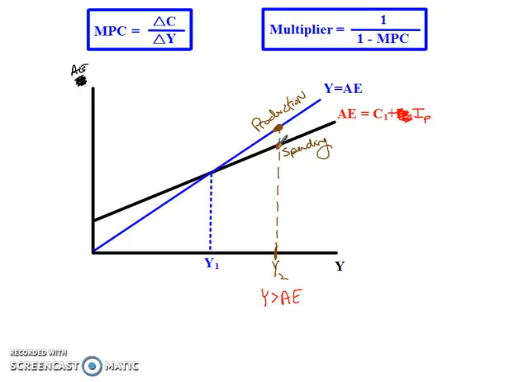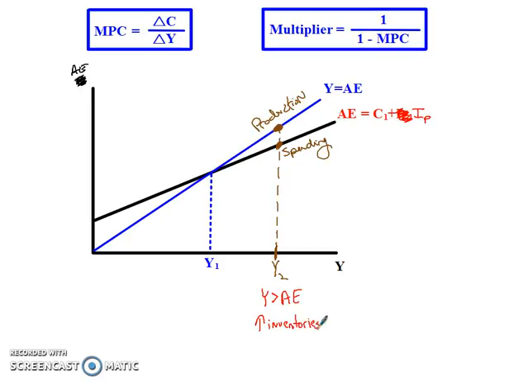Now, if production is greater than spending, that means that companies are producing things that people don't buy. Those things that they produced and nobody bought are going to go on the shelf and are going to become inventory. So that's going to cause an increase in inventories. That's going to cause inventories to rise.